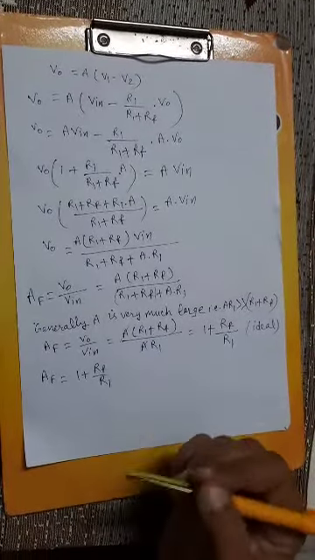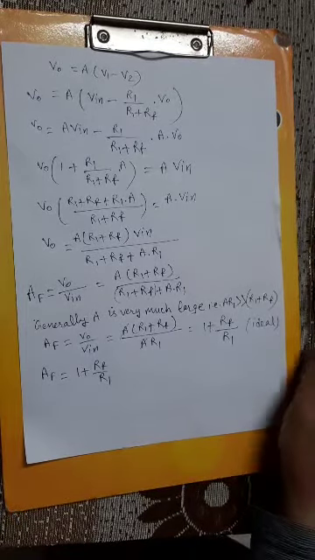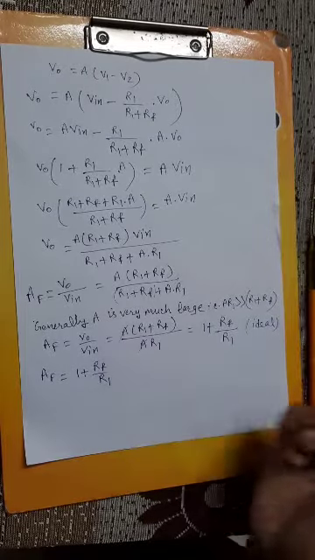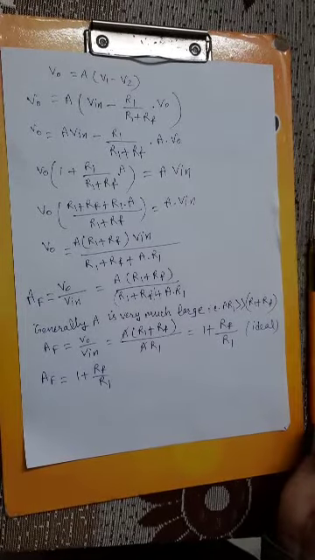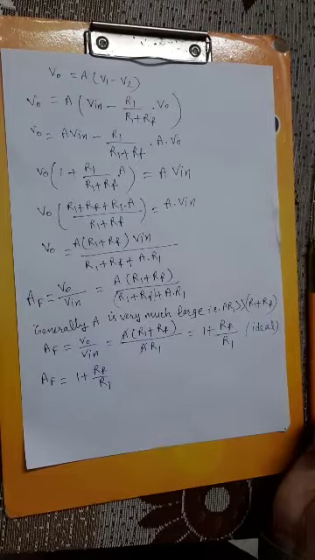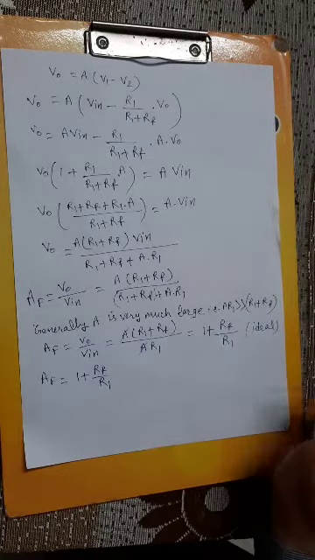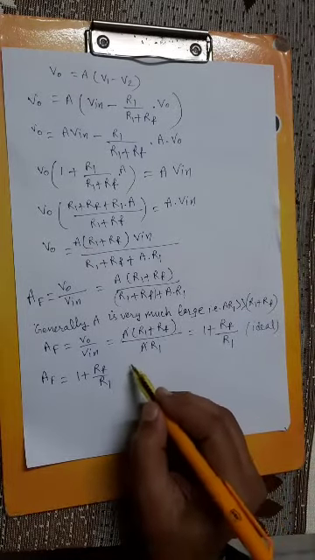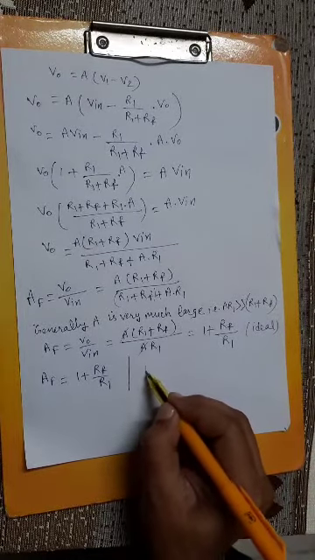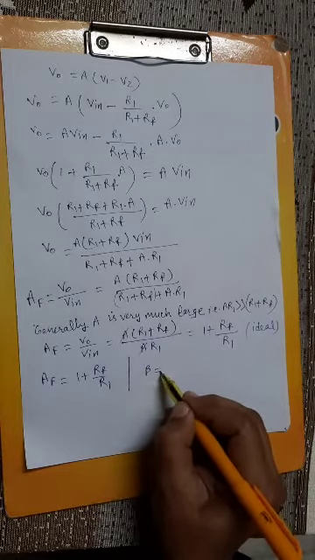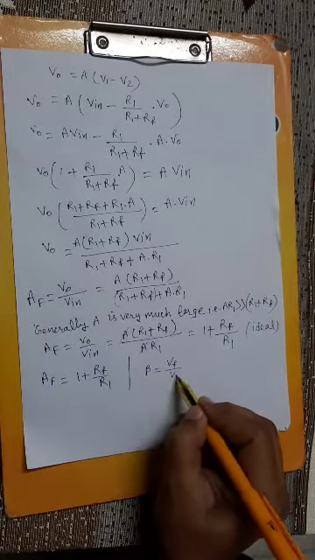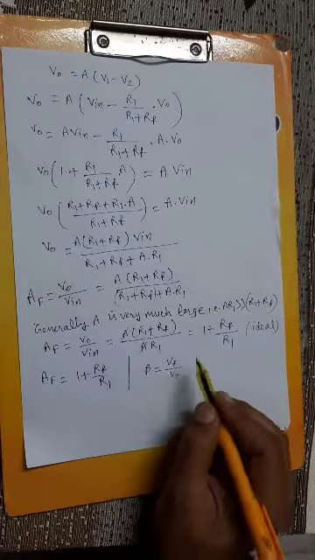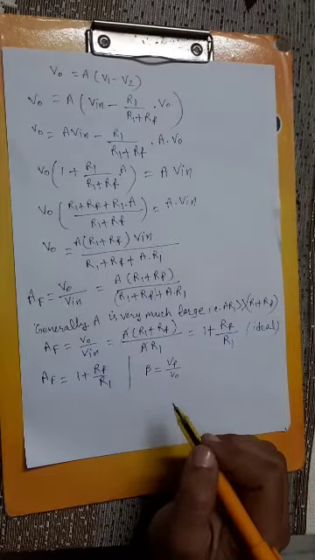So firstly we defined the open loop gain, then we defined this closed loop gain. Also, in the feedback circuit we define the factor beta, which is equal to Vf by V naught, because a partial part of the output voltage is applied to the input side, Vf.